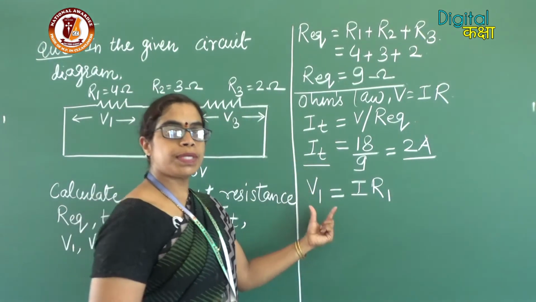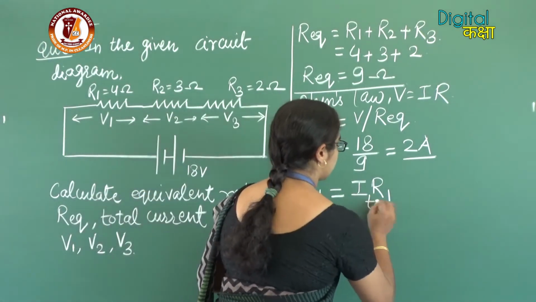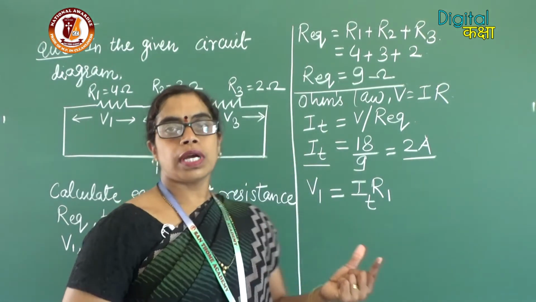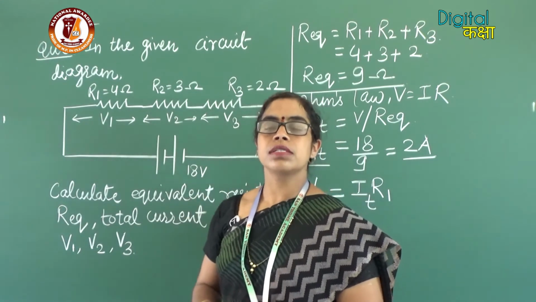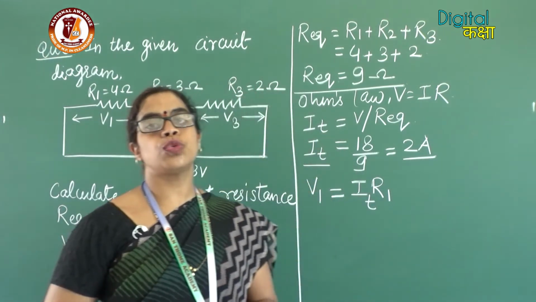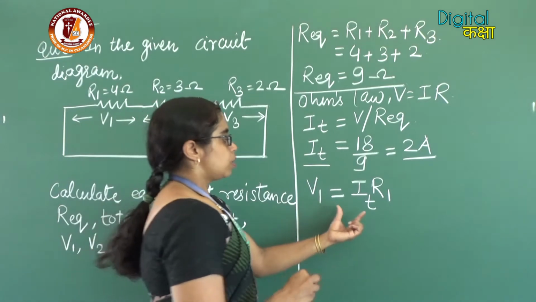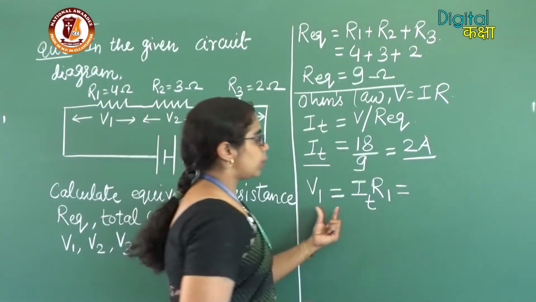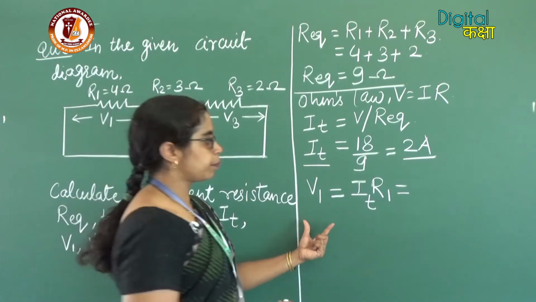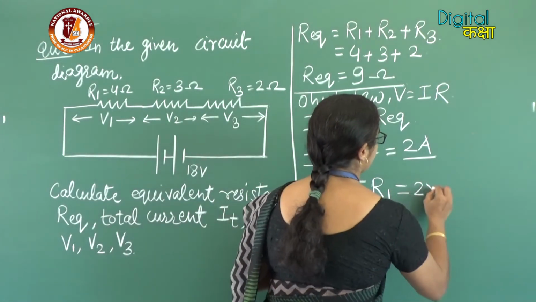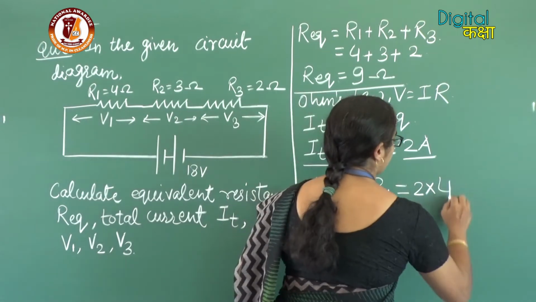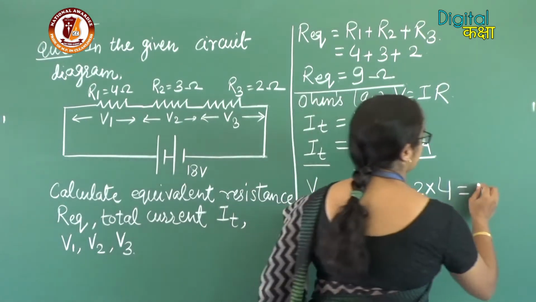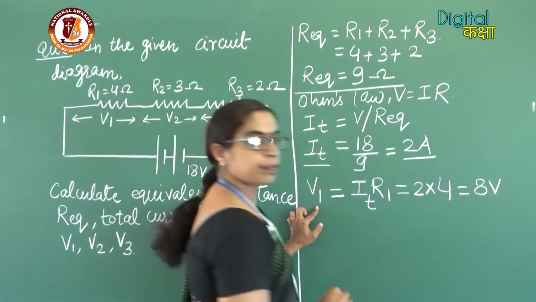This I will be same as that of the total current because we know that in the series combination, all the resistors receive the same magnitude of the current. So, when V1 is equal to IT into R1, after substitution of the values, I will get here 2 multiplied by 4, that is equal to 8 volt.